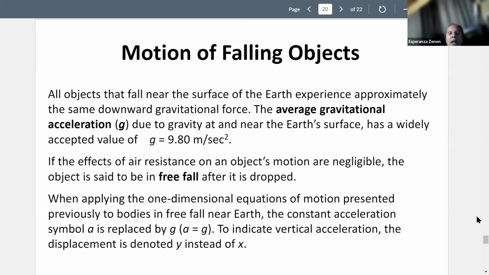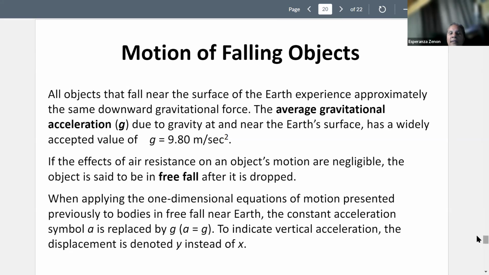Acceleration. 9.8 meters per second squared down. Okay. Free fall. On Earth's surface, 9.8 meters per second squared. And since this is an acceleration, down. Because we're taking down as our direction in this case, because that's the way gravity points for our purposes, right? Okay.